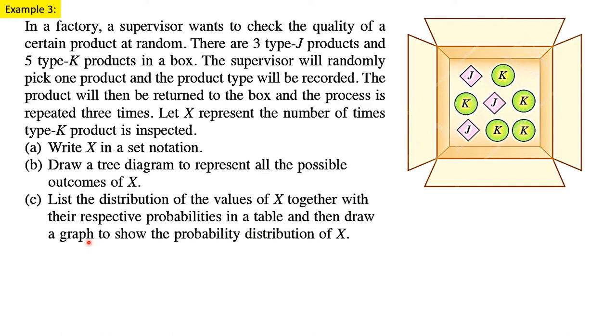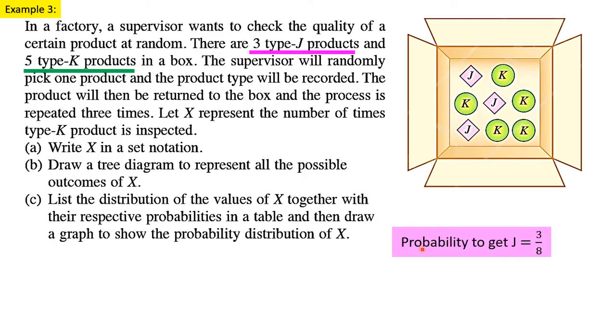So we find out the info from the question. The question said that there are 3 type J products and 5 type K products. That means altogether we have 8 products. So we can write that the probability to get J is 3 over 8, and the probability to get K is 5 over 8.